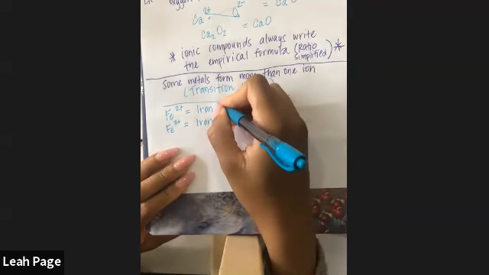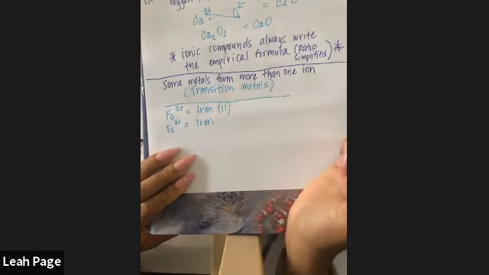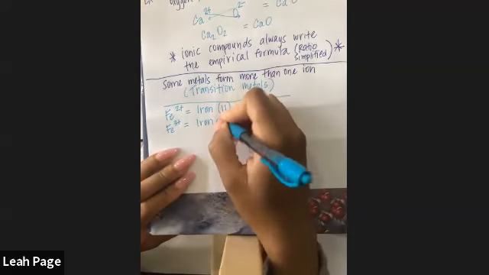So iron 2, we'd say like this. Iron 3, we'd say 1, 2, 3.